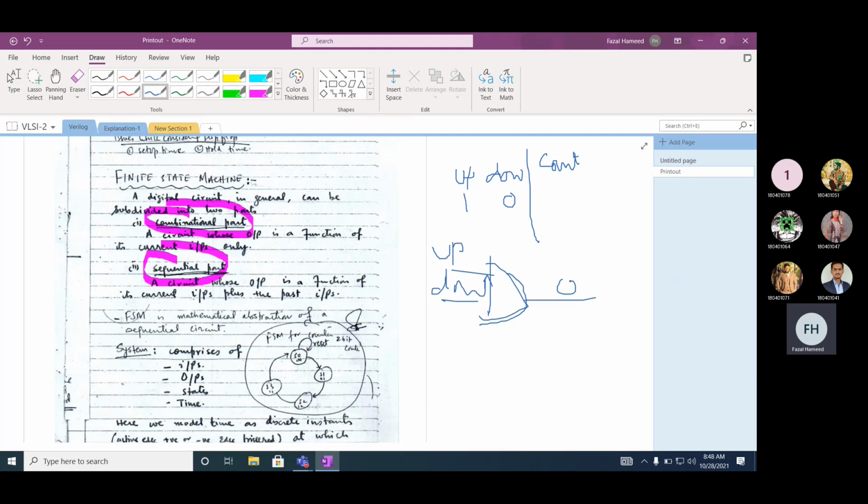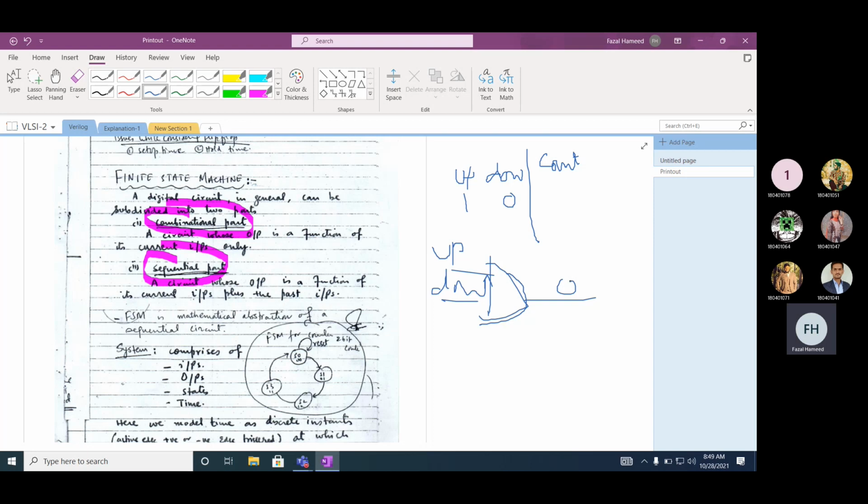And the state stores the value of the count. So if the count is 5, the output will be 6. If the count is 25, the output will be 26. So that's the difference between a combinational circuit and a sequential circuit. So now the system comprises different parameters: inputs, outputs, states, and time.